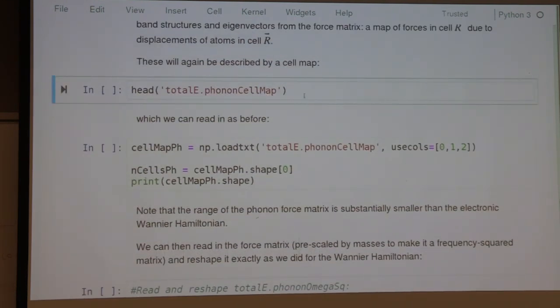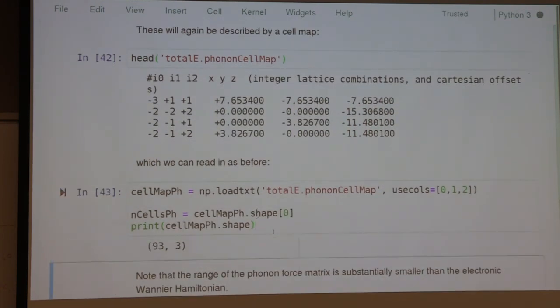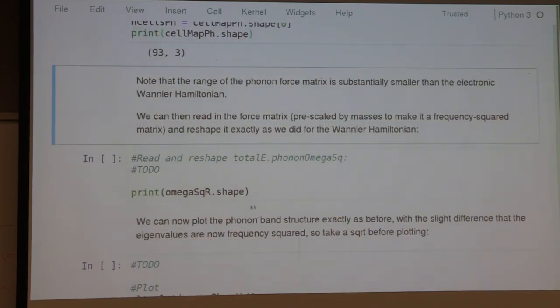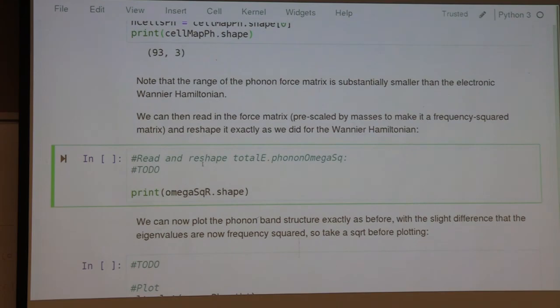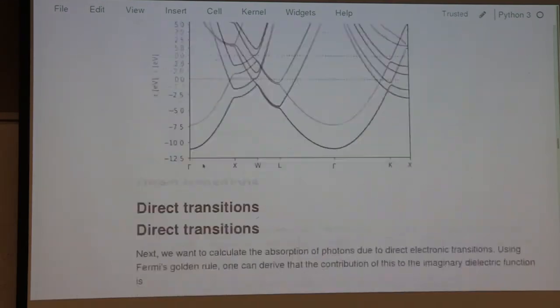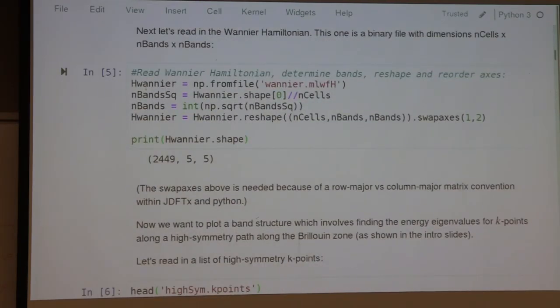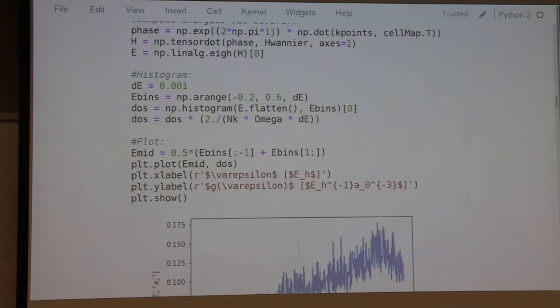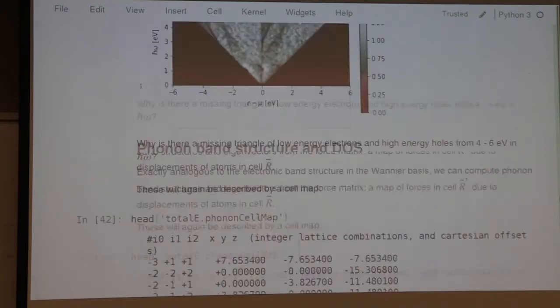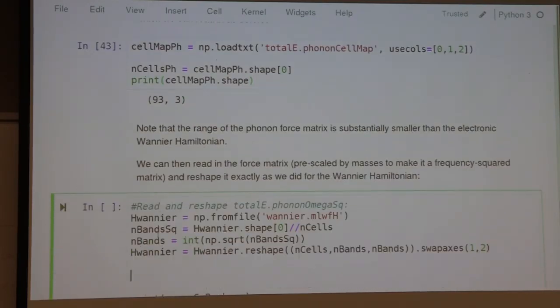So let's look at the phonon cell map, which is a file exactly like the Fourier cell map that we were looking at before, and we can read it in quite the same way. Right? We can read in and reshape the phonon omega squared file the same way. So I'll do that. Oh, scrolling is going to take a while. Right?